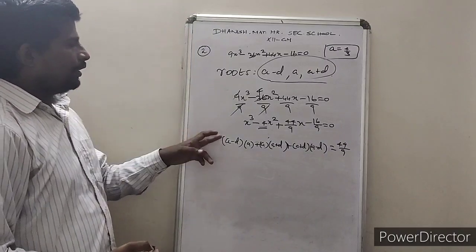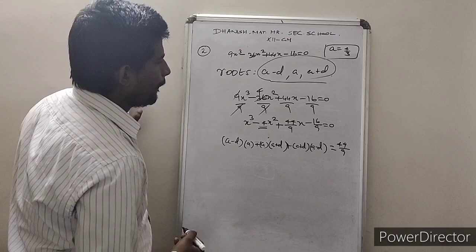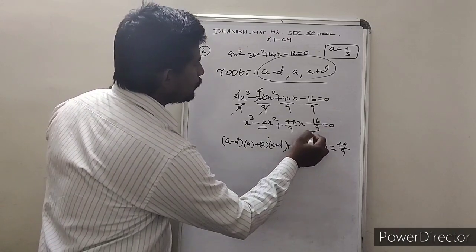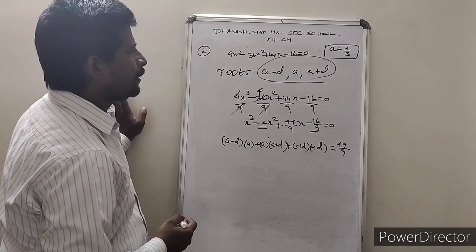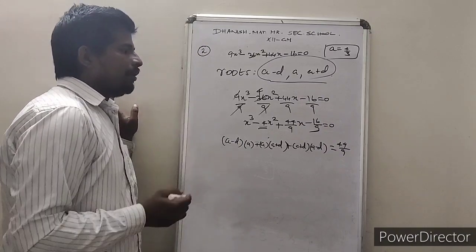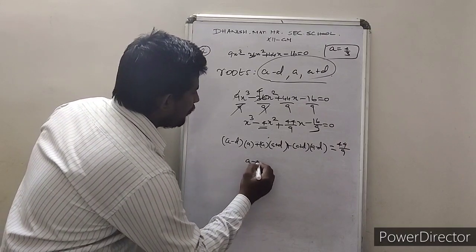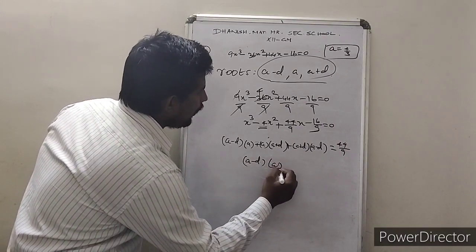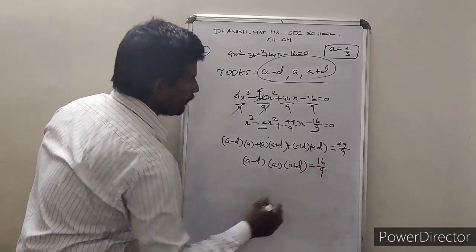If you want, you can use this, otherwise you can omit it. Then this value is equal to the product of 3 roots. So a minus d into a into a plus d equal to 16 by 9.